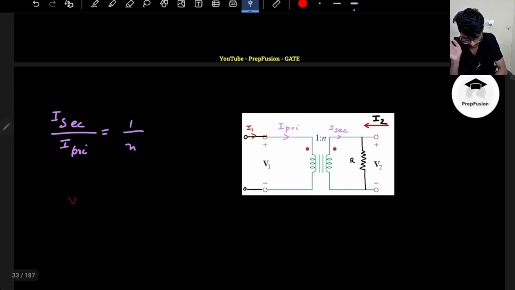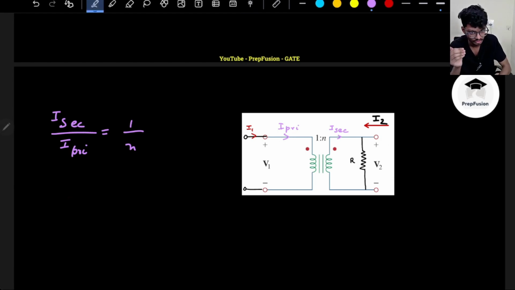Here V1 and V2, which are correct, are my port voltages as well. The transformer primary voltage V primary and the transformer secondary voltage V secondary are the port voltages as well.